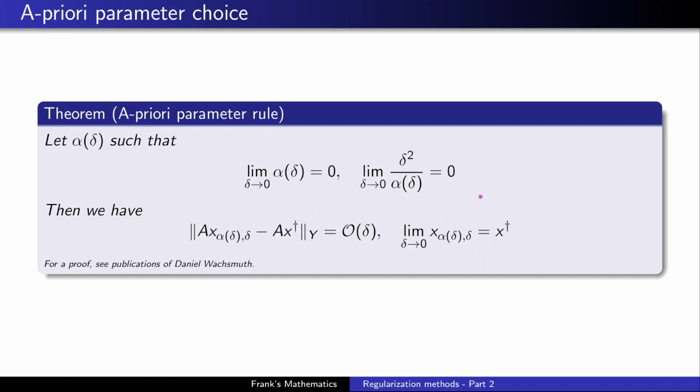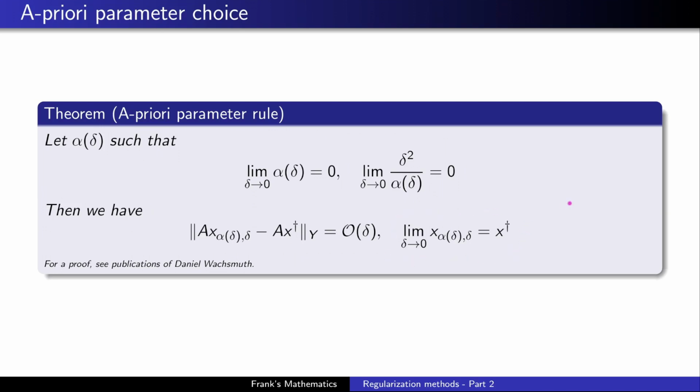If these two properties are satisfied, then you know that first of all the solution converges, so x alpha delta minus x dagger goes to 0, and we even know more. We even know the convergence speed. We know this goes with O of delta. And most important, we have again strong convergence.